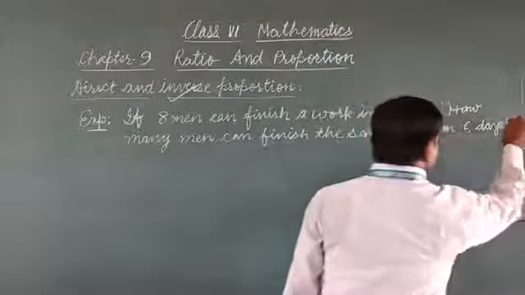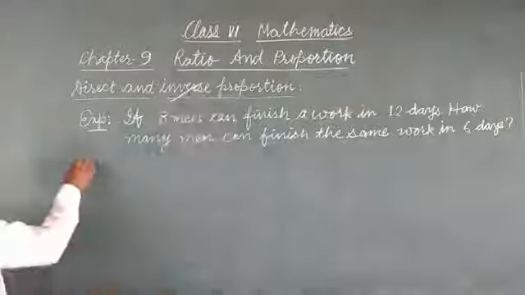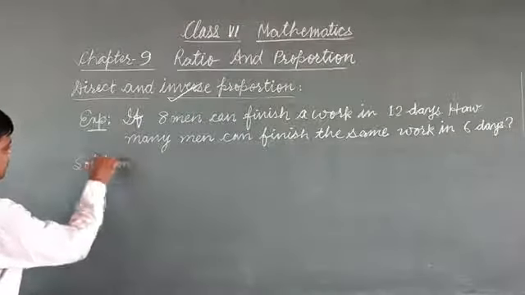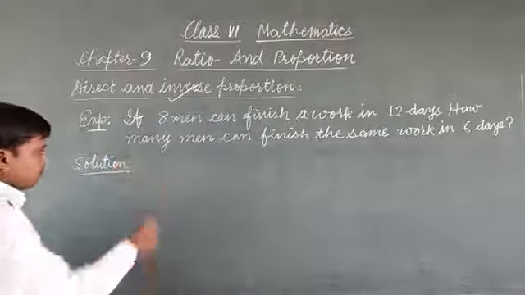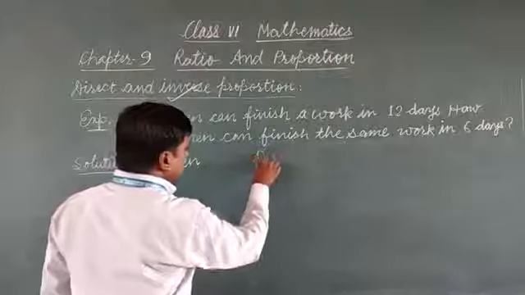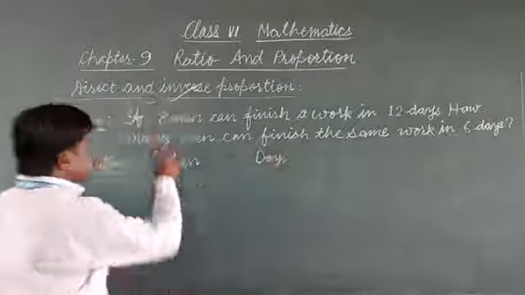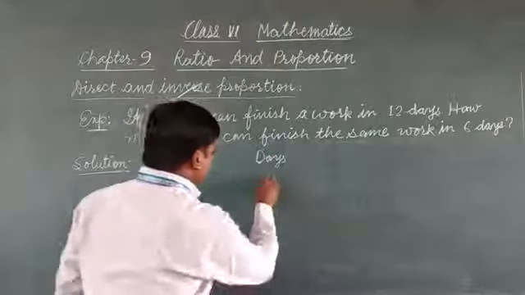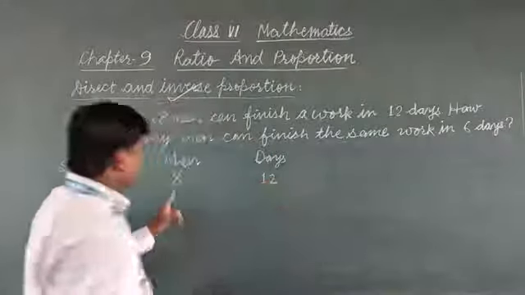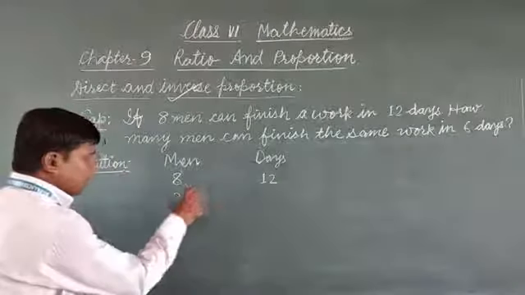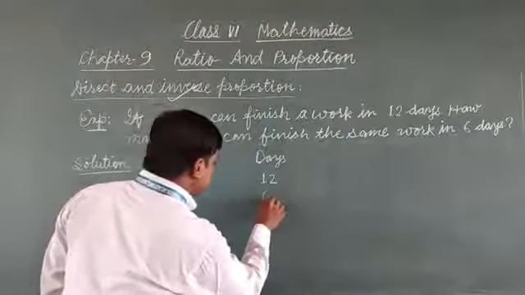Question mark here. So we will write the solution like this. Here I am writing men, here I am writing days. So 8 men we have and the work they are completing in 12 days. Again, we don't know the number of men here, but the work is going to be completed in 6 days.